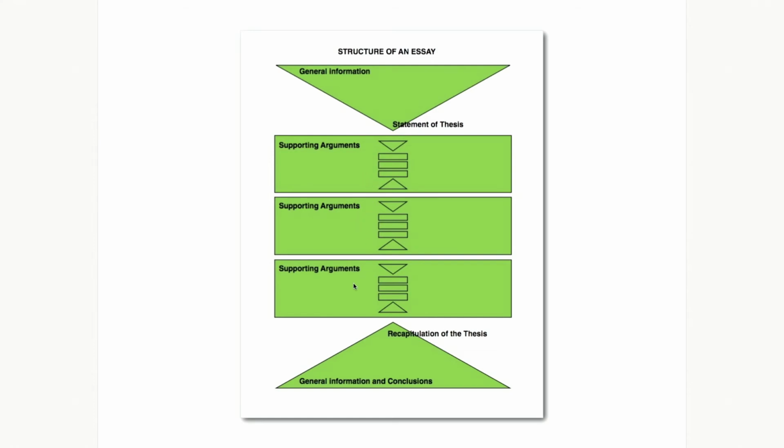These are the supporting arguments that are answering your question here. And then, one of my favorite terms, recapitulation of the thesis. You might say the purpose of this paper was to answer the question, and then you state your question again, and then work yourself out to more general conclusions and whatnot.